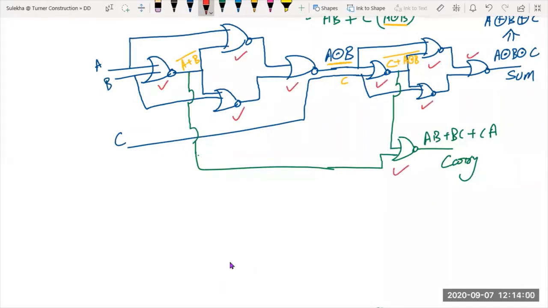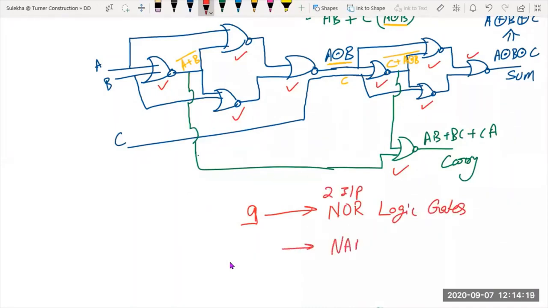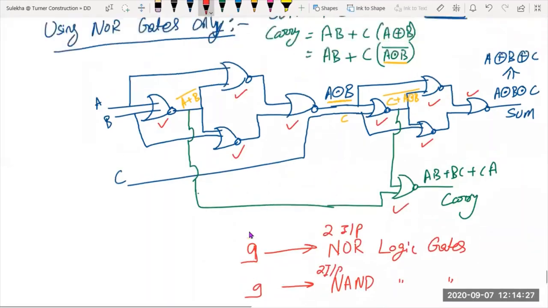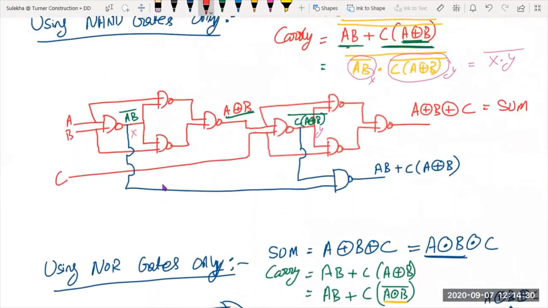So in this case also you are using 9 NOR logic gates, that is two-input. And if you are implementing with two-input NAND logic gates, in the previous case you have used 9 NAND gates. So with this, the implementation of full adder is over.